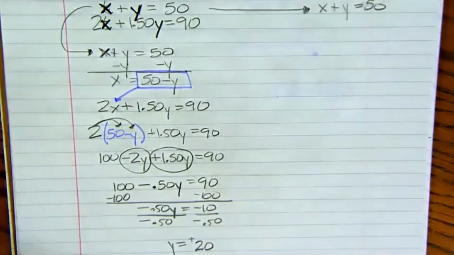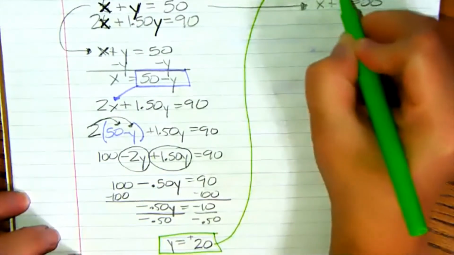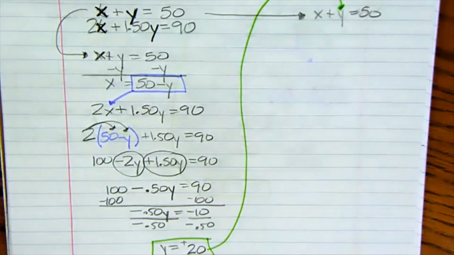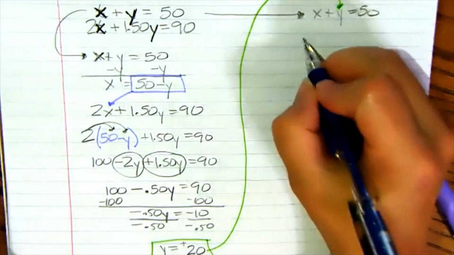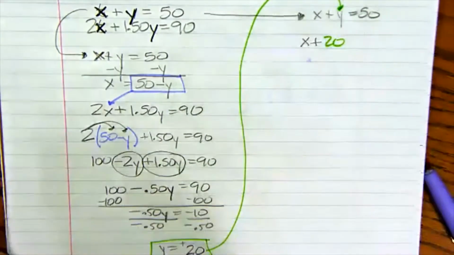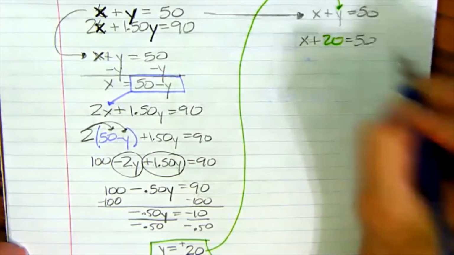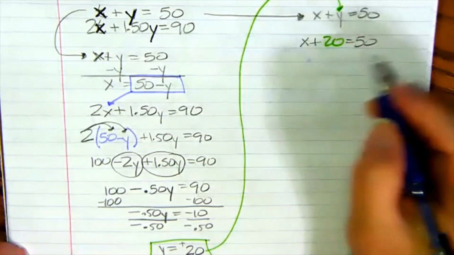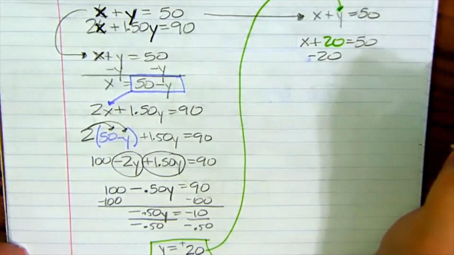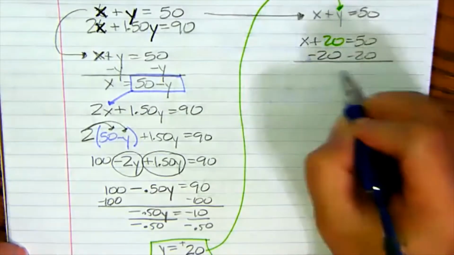And I'm now going to substitute this for my Y. So I have X plus 20 equals 50. So I want to isolate X. I'm going to get rid of this 20, use inverse operations to get rid of that 20. What I do to one side, I must do to the other.